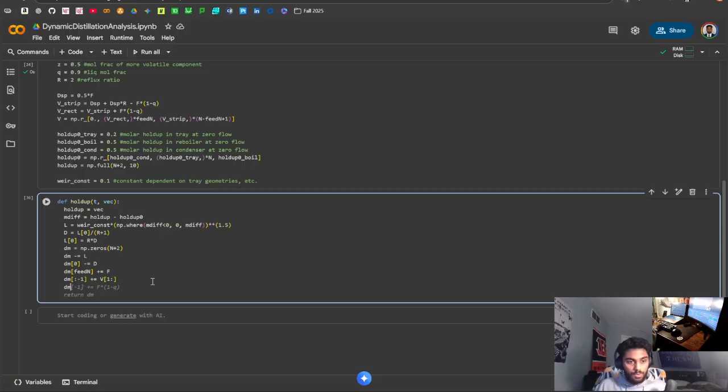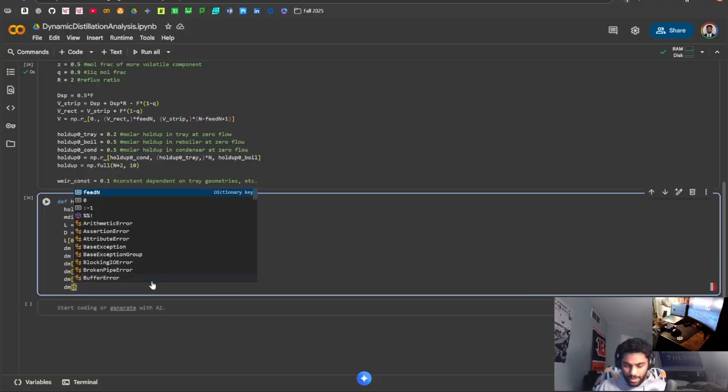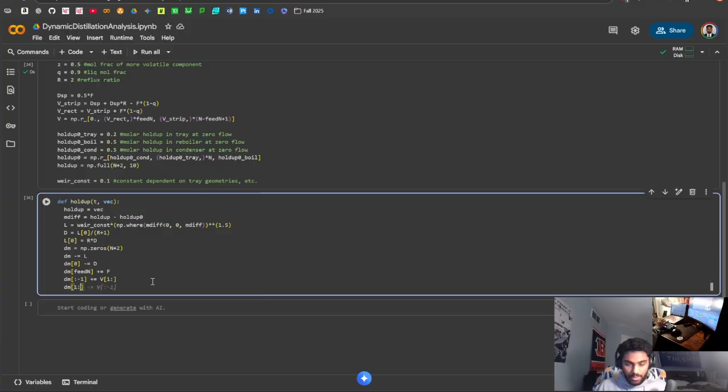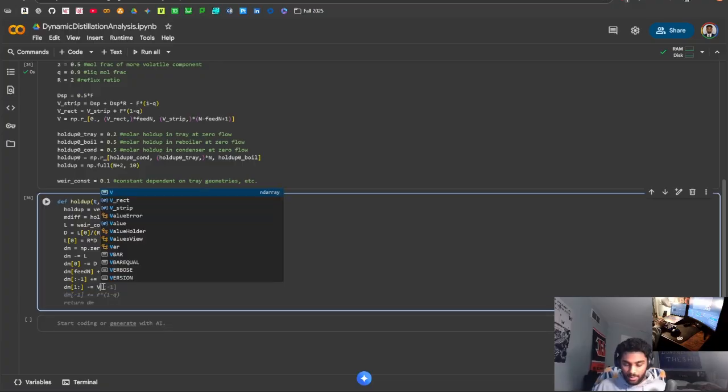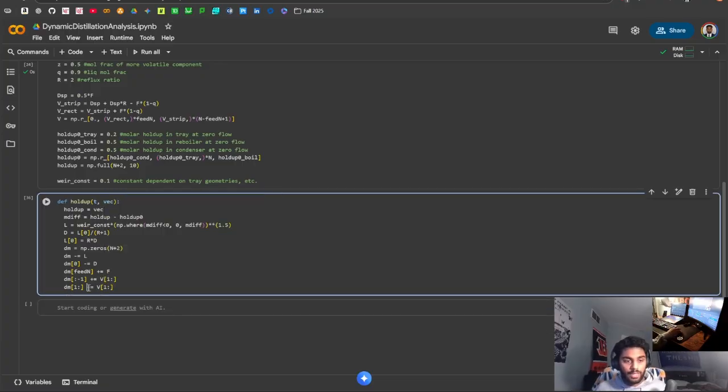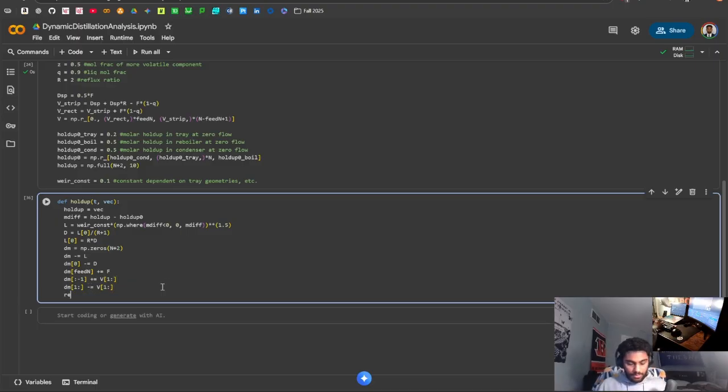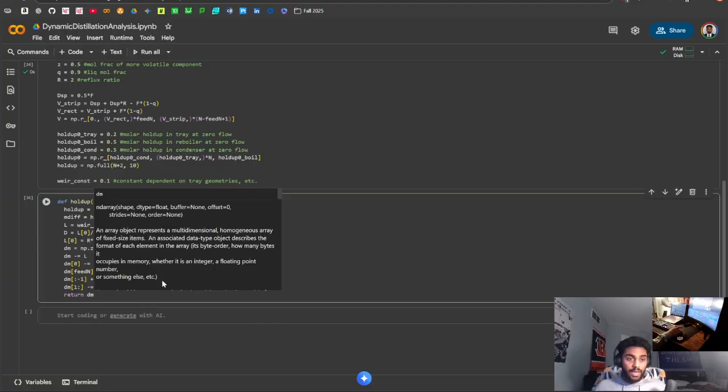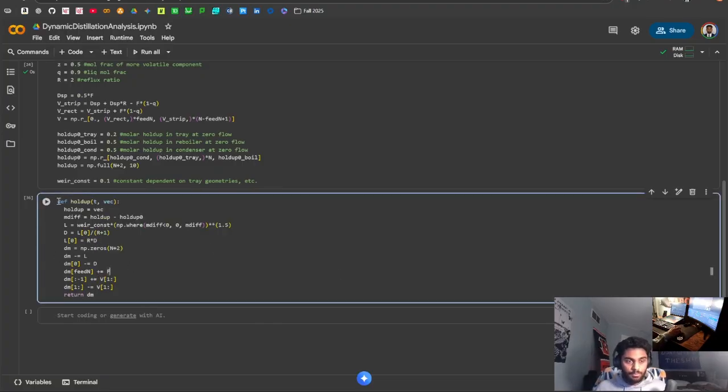Similarly, we do the same thing, excluding the condenser, for the vapors leaving each tray, except that we subtract it as it leaves each tray. And that rounds out this function.